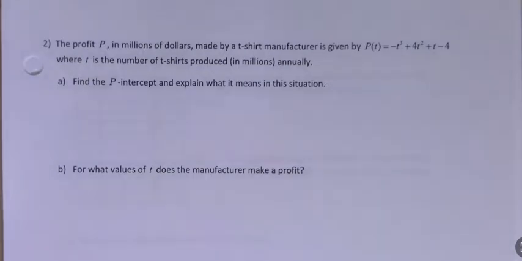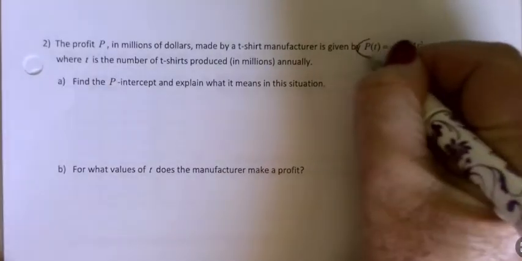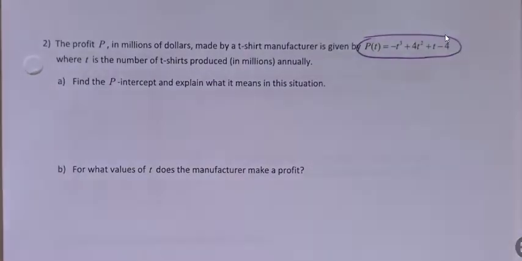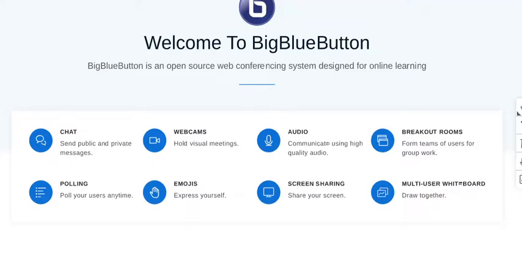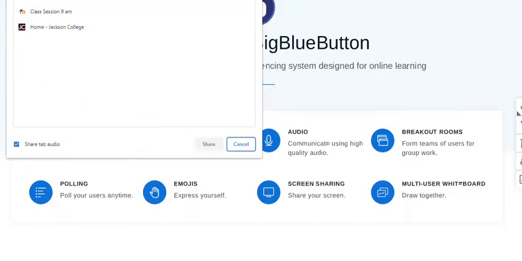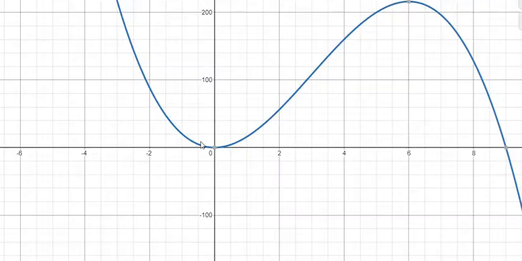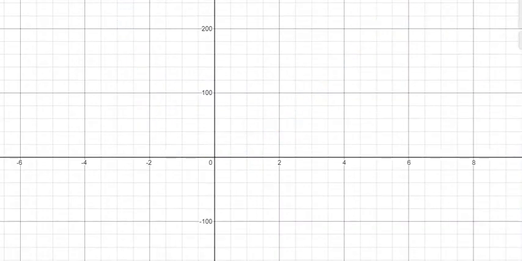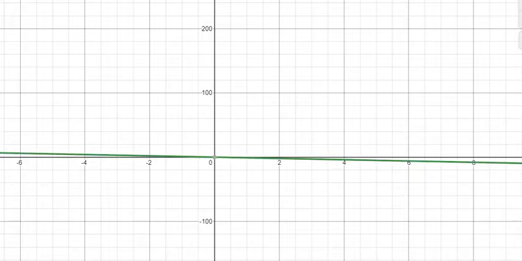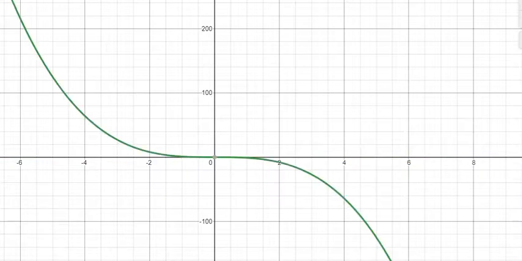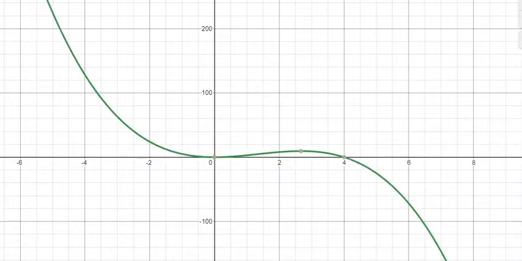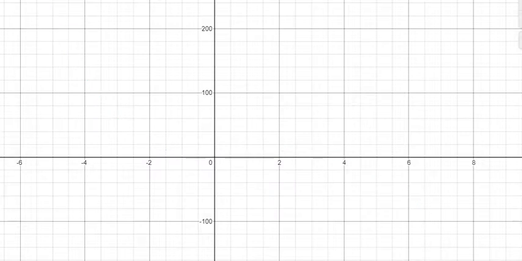I'm going to answer all of those questions from Desmos. So I'm going to stay on Desmos for this whole problem. I'm going to start by graphing my given function, P of t. And it is negative t cubed plus 4t squared plus t minus 4.